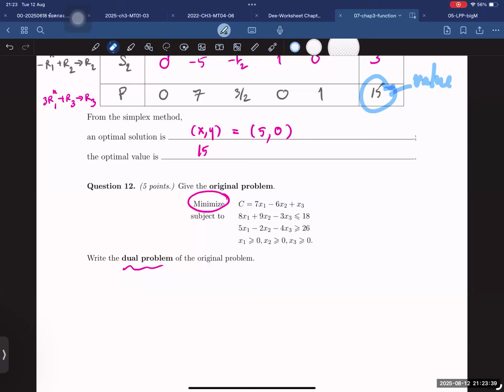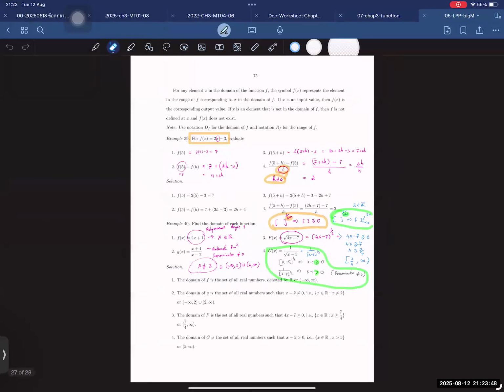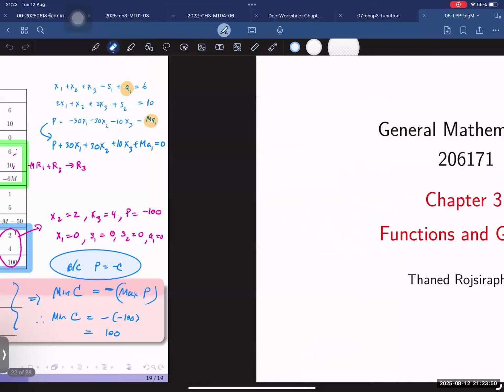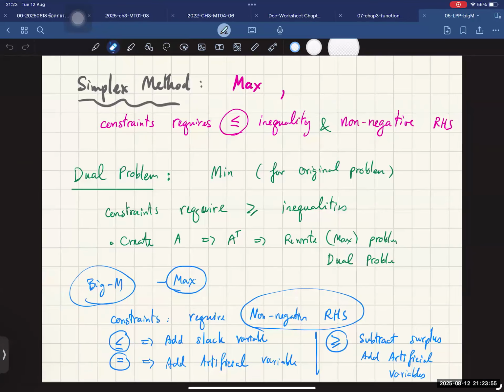Let's see, where is my duality? The duality requires greater than or equal, and then we create a matrix A and compute A transpose, and then rewrite the modified problem. So let's go back.